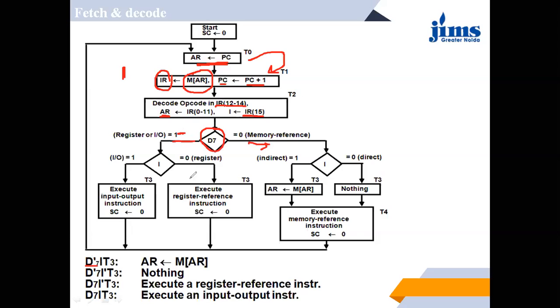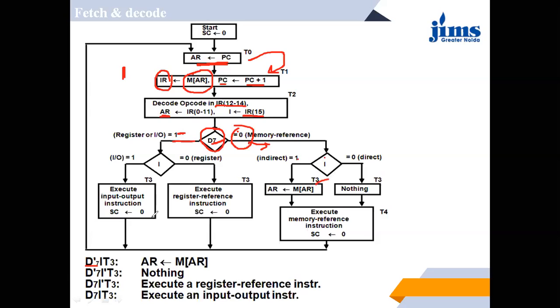So this is D7 dash. D7 dash means this is D7 and this is dash. Dash means 0. And IT3, so this is I and this is T3.